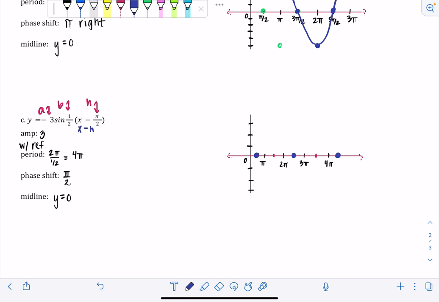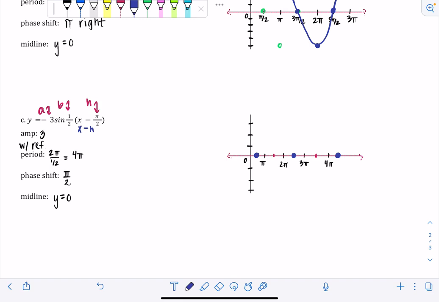And then for sine, the last ones we need to place are the maximum and the minimum. This one we have the reflection. So instead of going up to the maximum first and down to the minimum next, it's going to be reversed. We're going to go down to the minimum first, and that's going to be the quarter of the way mark between our entire period, so between 1/2 pi and 4.5 pi.